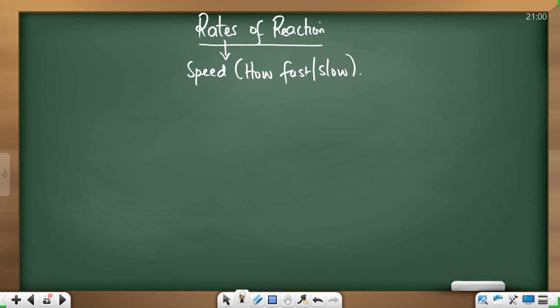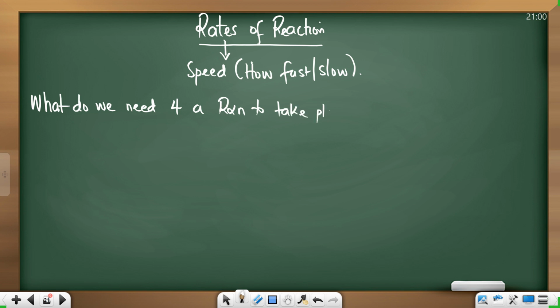Now, guys, quickly, what do we need for a reaction to take place? I'll write it like this: for a reaction to take place.